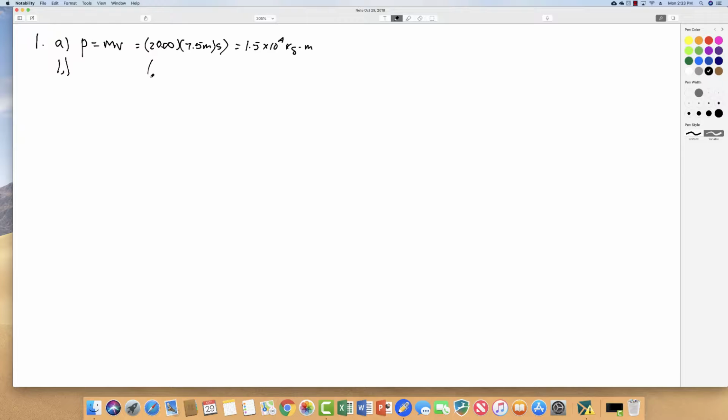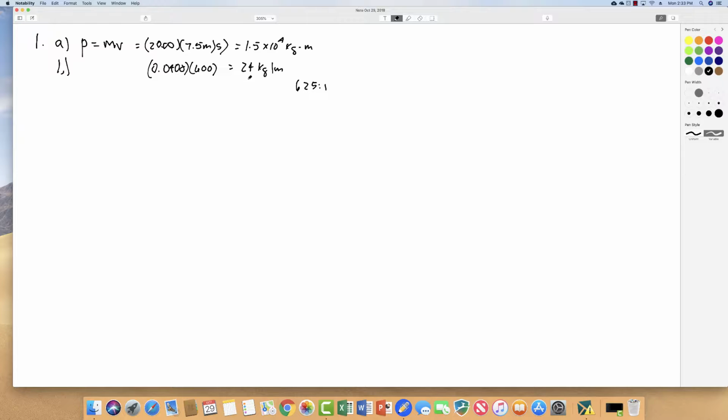Same formula, 0.0400 fired at 600 meters per second, and that's going to equal 24 kilogram meters per second. Now, if we divide this by this, we get 625 to 1. So the elephant's momentum is 625 times as high as the momentum of a dart that's fired.